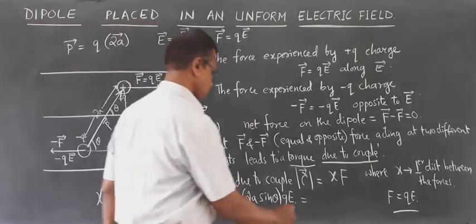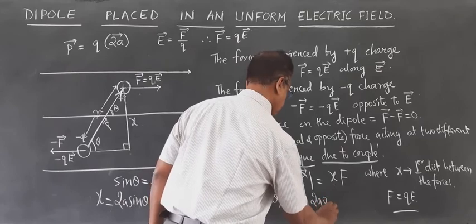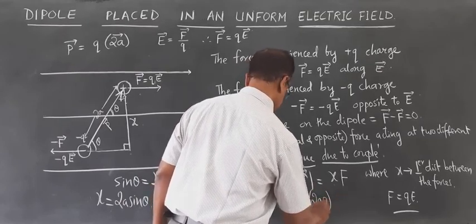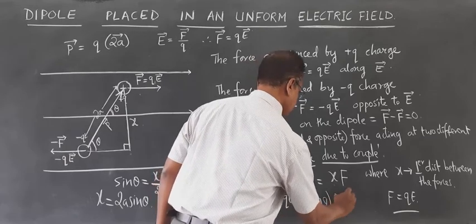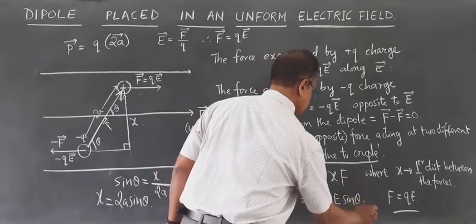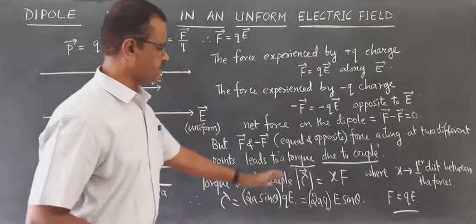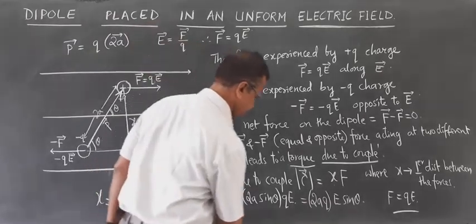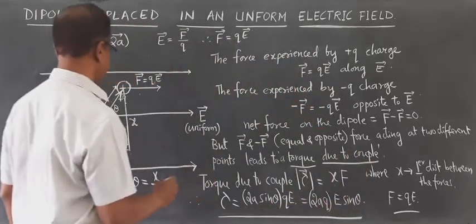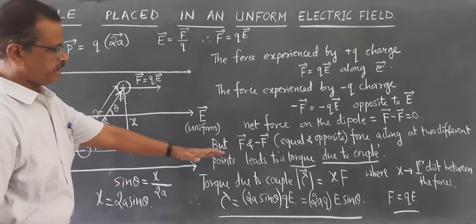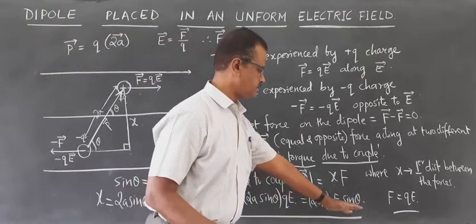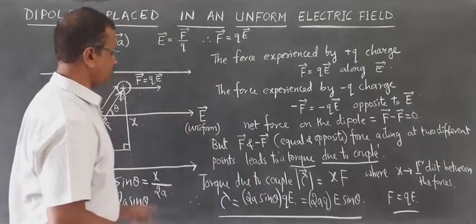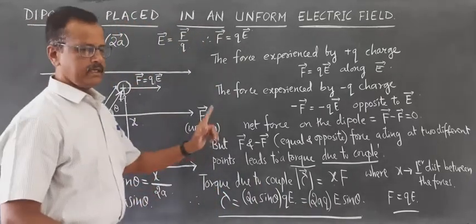So I can write it as Q into 2a into E sin theta, where E is the electric field and sin theta is because of the angle of orientation theta. So this gives us the torque. Torque tau equal to 2aQ E sin theta. We know 2aQ is p. So finally we get torque tau is equal to pE sin theta.